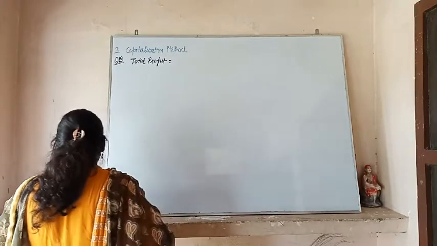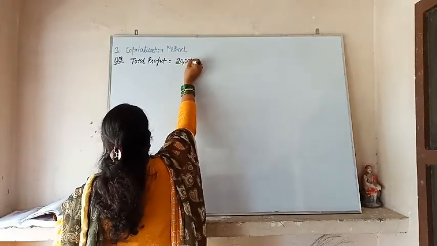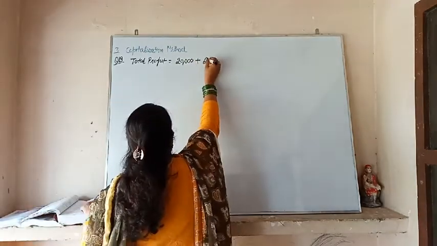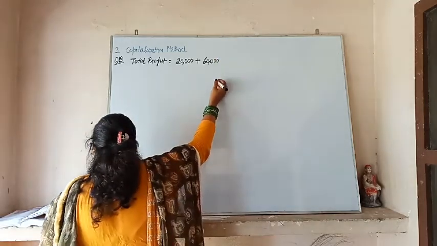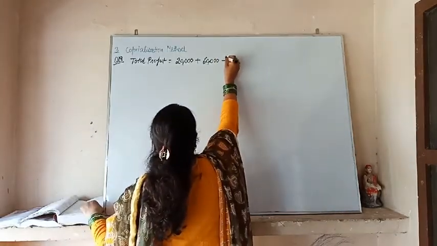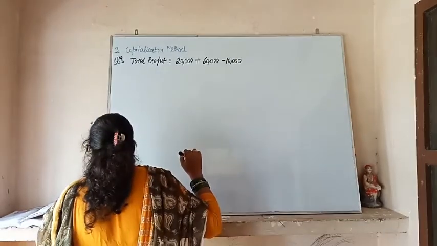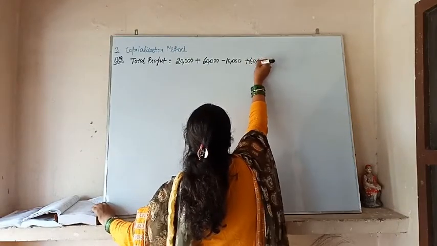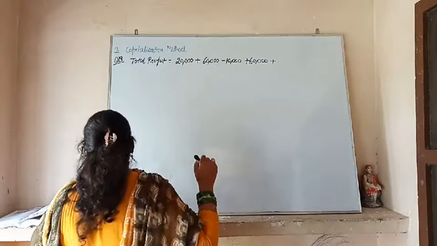The first year profit is given as 20,000. Second year profit is given as 60,000. Third year there is a loss of 10,000, so we will deduct it. Fourth year profit is given as 60,000 plus 60,000. Fifth year profit is given as 50,000.